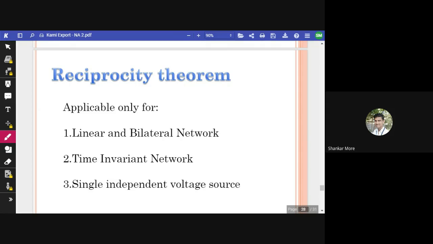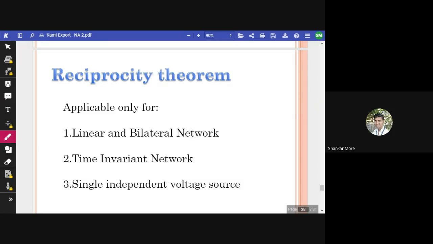But as we discuss more circuits in the network analysis syllabus, or even in control system or signal system, you will understand what time invariant and time variant circuits are. So no problem about it. And the third and most important thing is the circuit should contain a single independent voltage source only. It needs to have only one voltage source. Then and only then this theorem works.